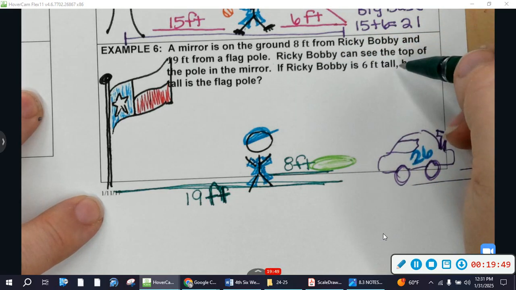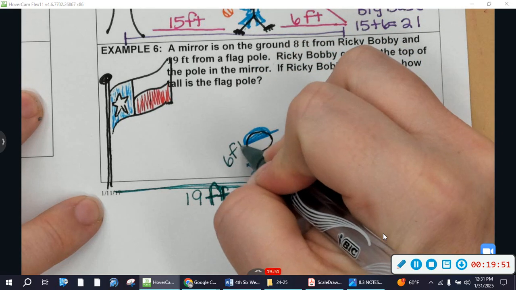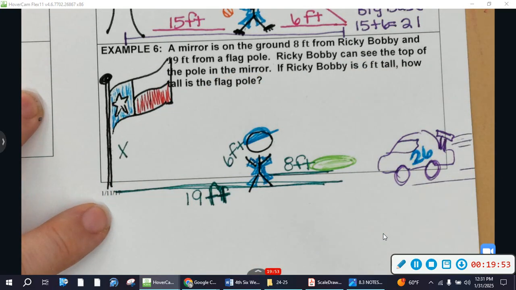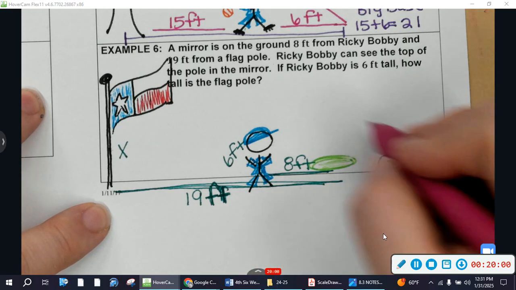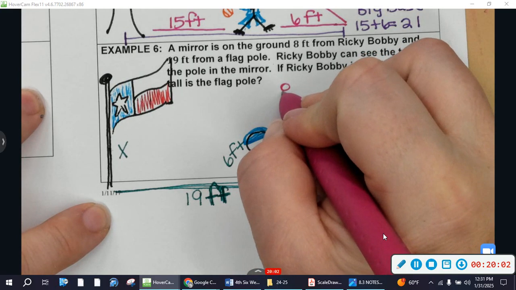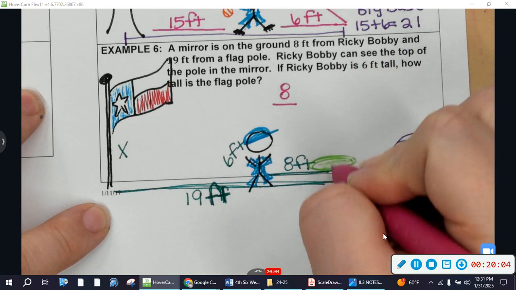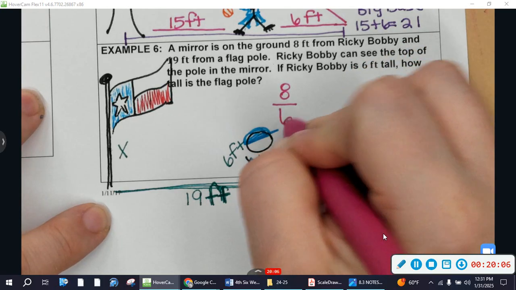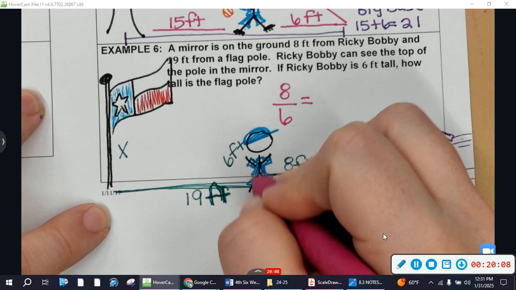And Ricky Bobby is 6 feet tall. How tall is the flagpole? So setting it up consistently again, base is to height as base is to height. Base is 8 of the little one, height is 6 of the little one.